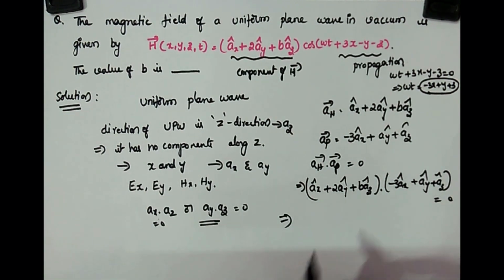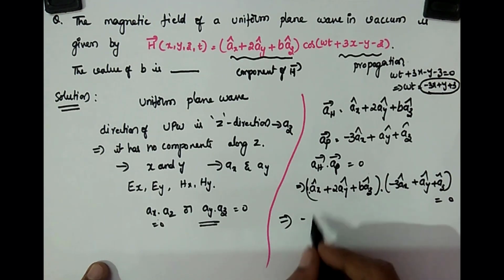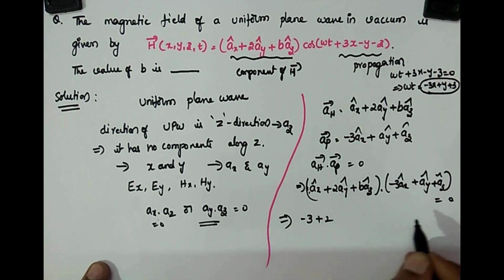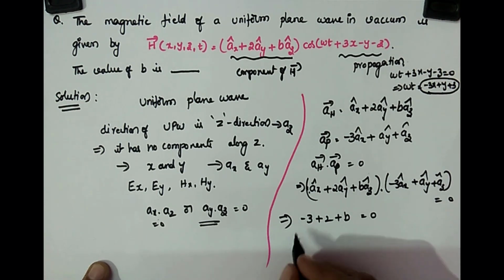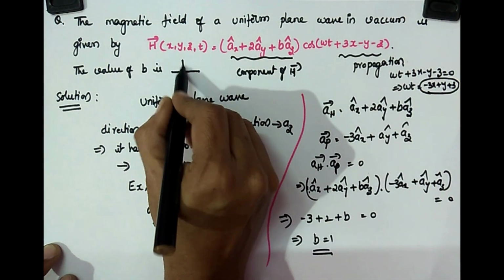So what is the unit vector magnitude here? 1. So 1 into minus 3, plus 2 into 1, plus b into 1, so minus 3 plus 2 plus b is equal to 0. So it implies b is equal to 1. Yes, this is the answer. So the value of b is 1.